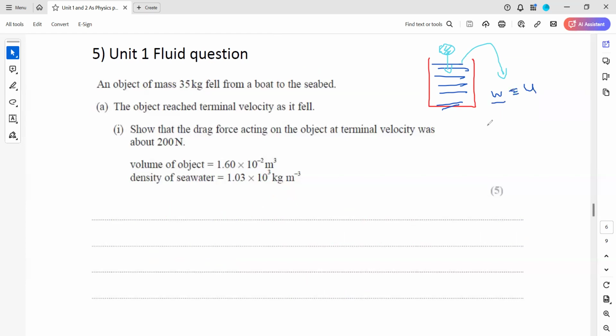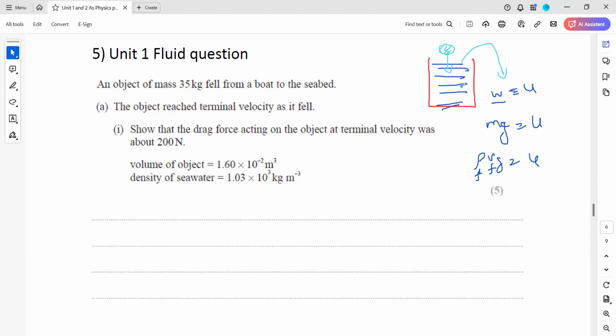And what is weight? Weight is mass into gravity. So upthrust is mass of a liquid displaced multiplied by gravity. And what about the mass of a liquid displaced? Mass is density into volume. So density of a fluid, volume of a fluid and gravity. But this is not the total volume of the fluid.